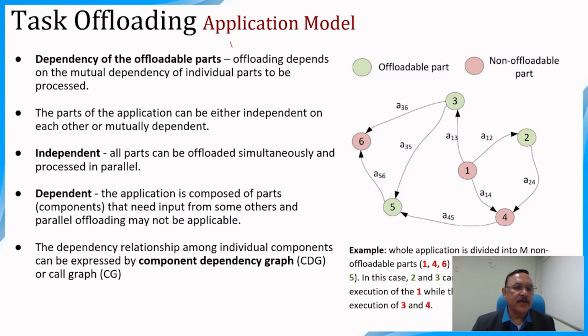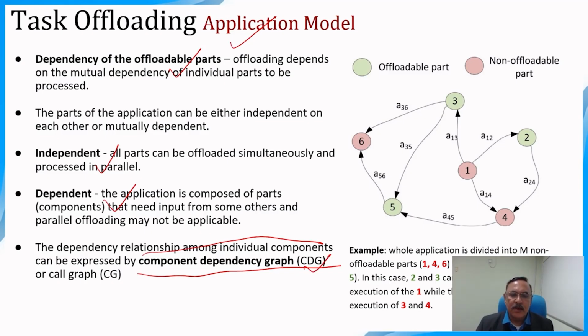Now, task offloading, that is the application model, dependency on the offloadable parts, independent and dependent. The dependency relation between the individual components can be expressed by the component dependency graph, that is CDG, or a call graph.